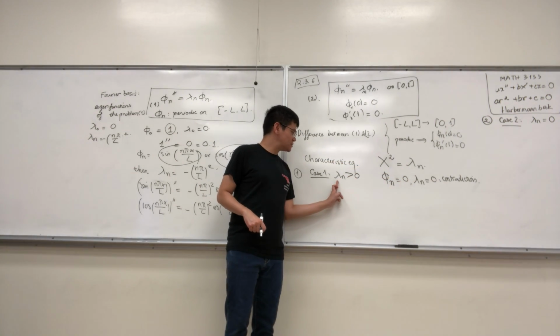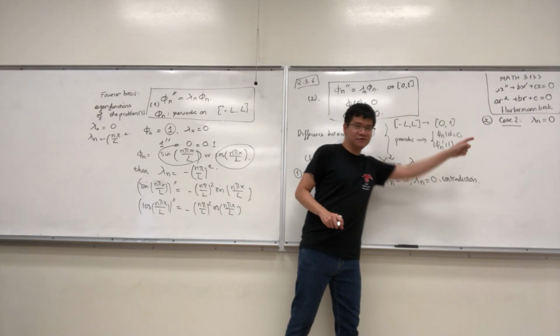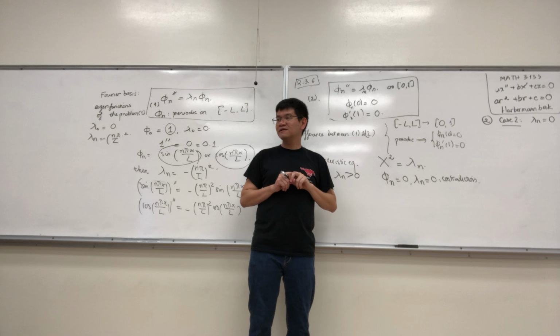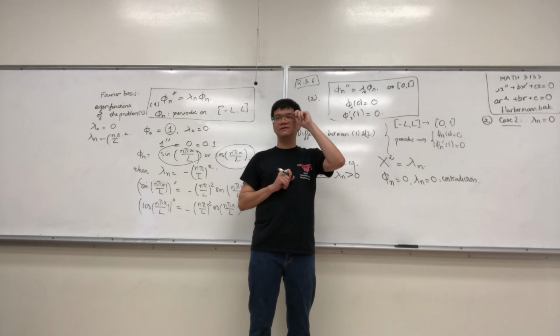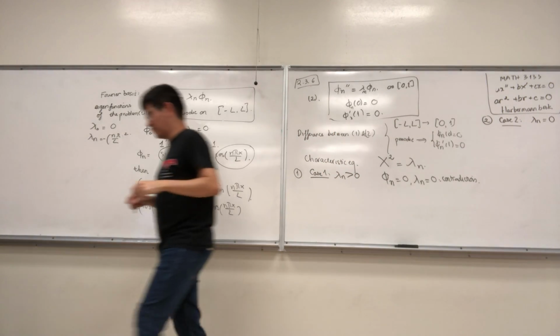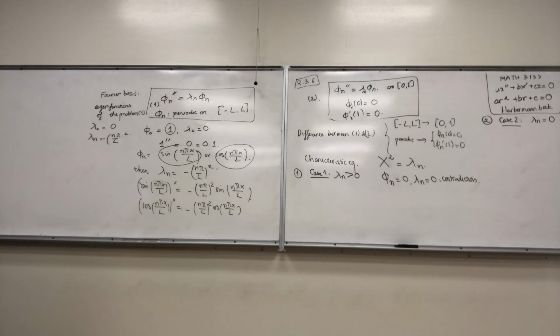Now I want to consider the case when lambda n is 0. So when lambda n is 0, what is the solution of this? Yes? It is a polynomial, ax plus b. You have to set it up and set it equal to.